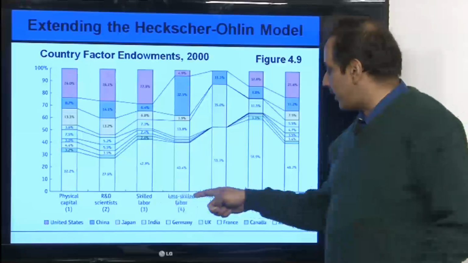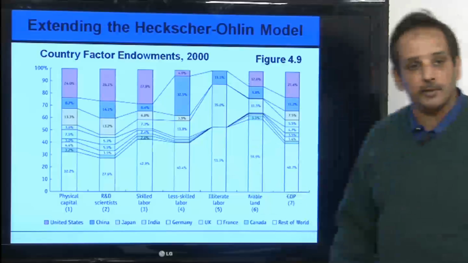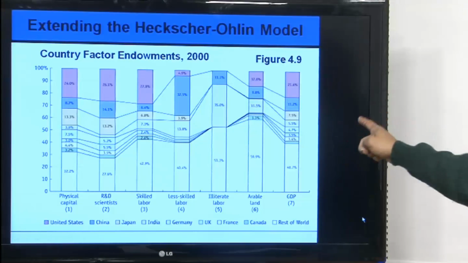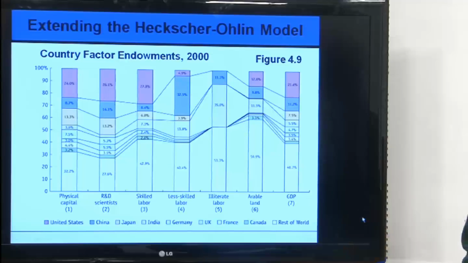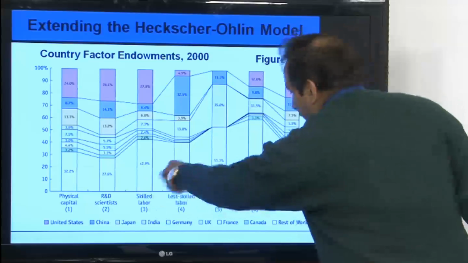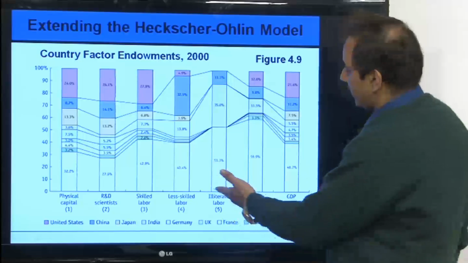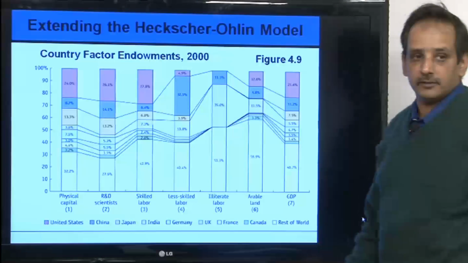If you look at skilled labor, less skilled labor and illiterate labor, for India you would find that India is rich in skilled labor, less skilled labor, illiterate labor, but it is scarce in physical capital and R&D scientists. China, from this, seems to be rich in R&D scientists.